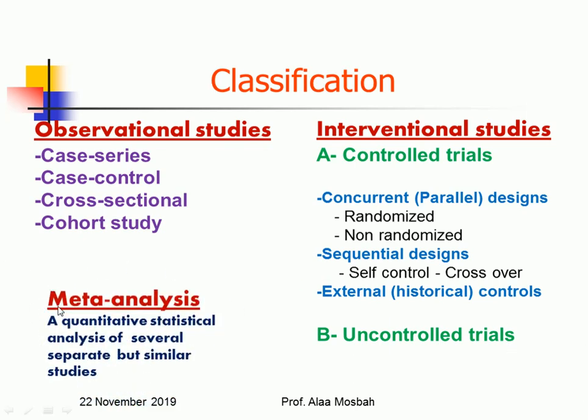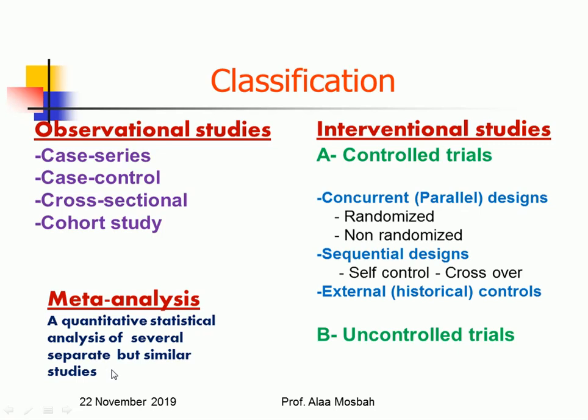Lastly, the third group, which is the meta-analysis. We said observational study, interventional study, and the meta-analysis. A quantitative statistical analysis of several separate but similar studies. Similar in the same idea, but separate.